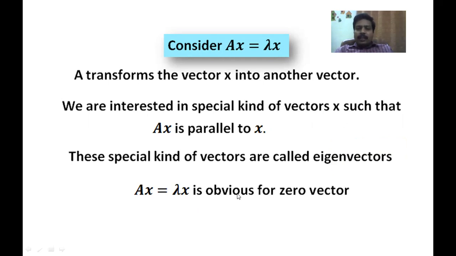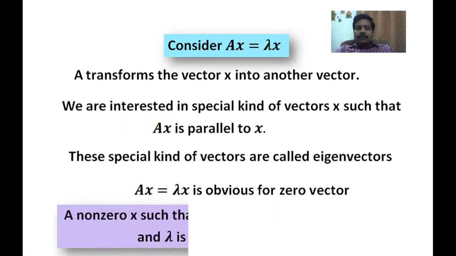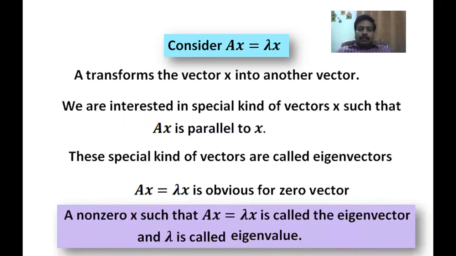So we are interested in non-zero x such that Ax equals lambda x. Such x is called an eigenvector, and the lambda used in that equation is called an eigenvalue. Let us have a detailed definition a little while later.